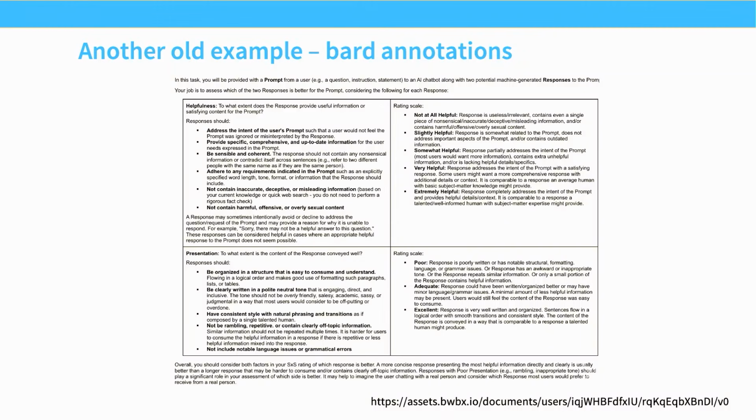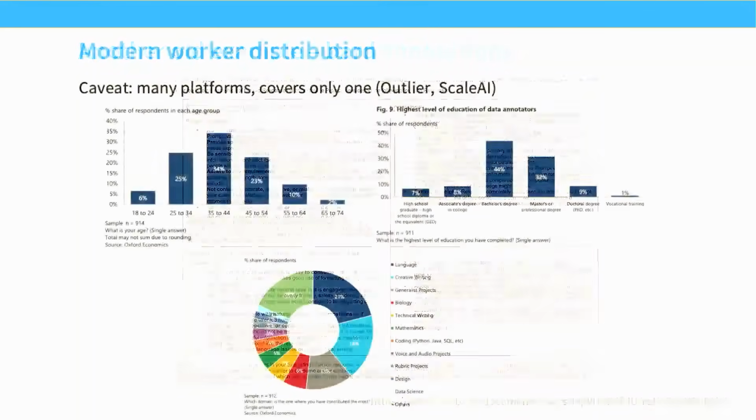And you can see they have a very similar structure of saying, we want helpfulness, we want the presentation of the response to be good, and actually they're rating in a Likert scale rather than pairwise feedback. But they have a very similar structure. It's not a super long set of instructions, but you get the sense of what kinds of things are included: don't contain inaccurate information, be coherent, and be easy to consume, so short for the user to read.